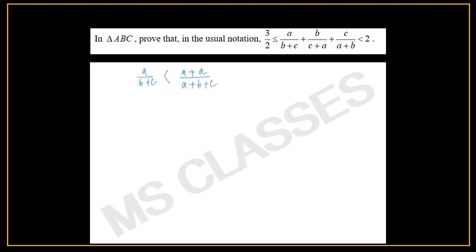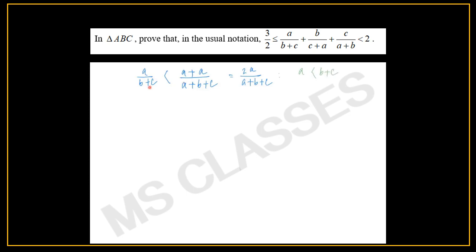Now, why can you write this one? Let's show that by an example. Here we know, first of all, that A is less than B plus C. So here it can be done in two ways.